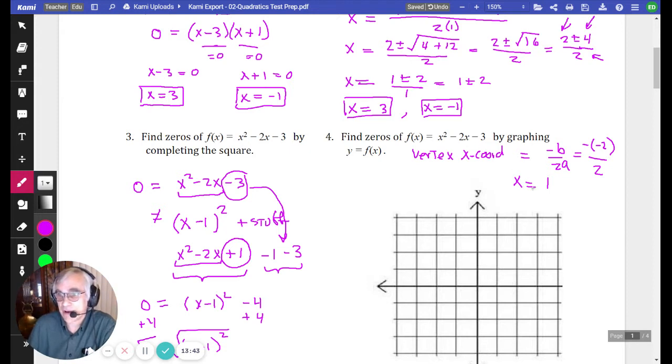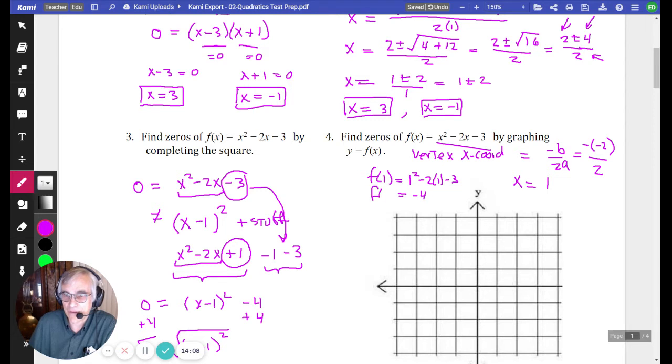We can easily find the y coordinate of the vertex by substituting x equals 1 in the original equation. So f of 1 is equal to 1 squared minus 2 times 1 minus 3, which is 1 minus 2 minus 3 is minus 4, negative 4.